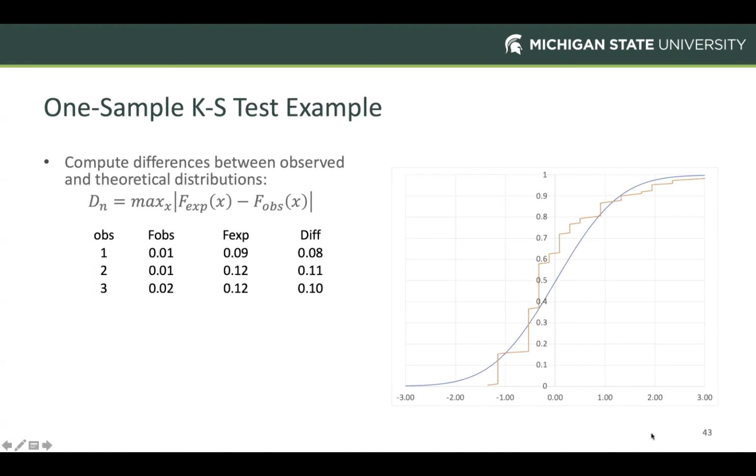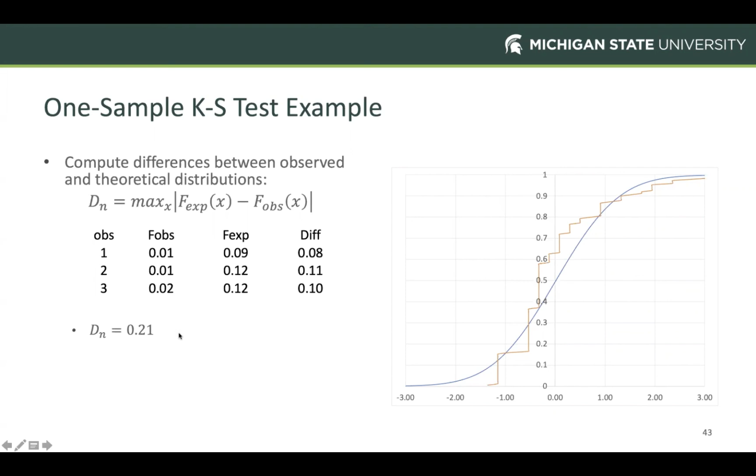Then we start converging back towards normal in this range, and then we get some relatively large departures again. So we're evaluating the absolute value of that difference across the entire distribution. What we'll find ultimately is that the largest difference is equal to 0.21.